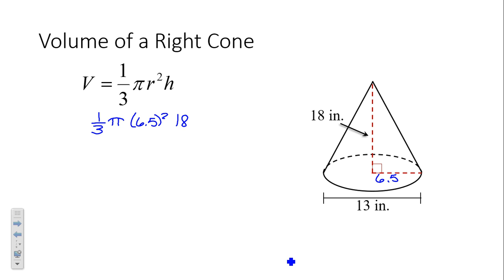So 6.5 squared gets us 42.25 times 18 divided by 3, or times 6, is going to get us 253.5 pi inches cubed. Okay? Not too bad, right?